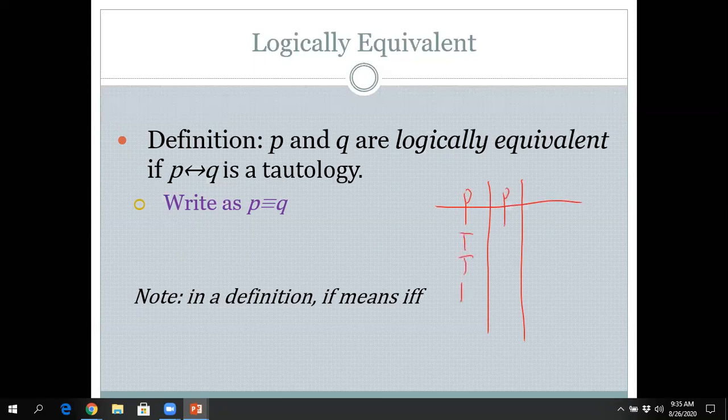So T, T, F, F, and T, T, F, F. And you could say, hey, look, P is equivalent to P. That's not interesting, but it doesn't necessarily have to be a compound proposition, but it's only really interesting in that case. Does that make sense?